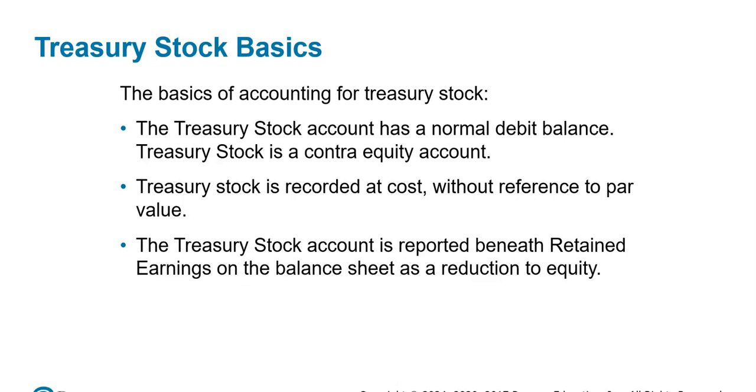And again, a company will buy back treasury stock if they believe that the current market value of their common stock on the market is undervalued. So they'll buy it back because they feel it's less than what their value is of the stock. And by buying back treasury stock, it signals to the shareholders that they believe that their stock is undervalued.